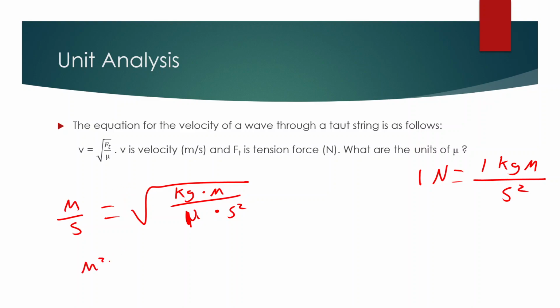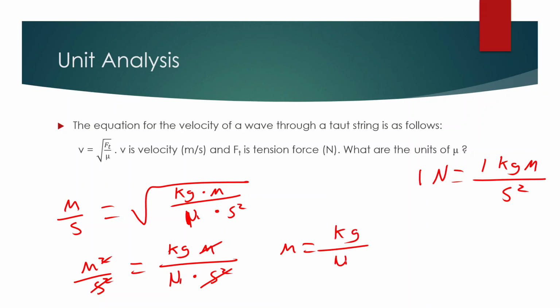So I get that meters squared per second squared is equal to kilogram meters divided by whatever mu is times second squared. We can multiply both sides by second squared to completely get rid of it, right? We can divide both sides by meters to do that. And so then we get that meters are equal to kilograms over mu. So mu should be equal to kilograms per meter.